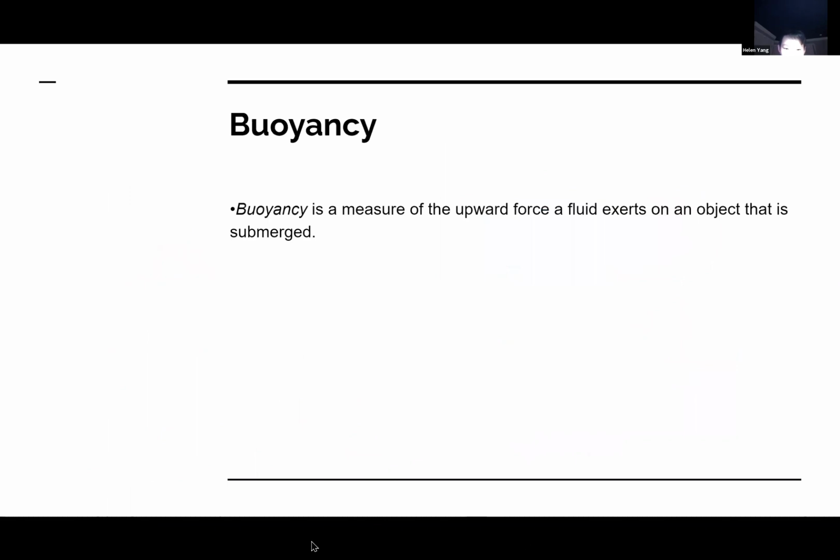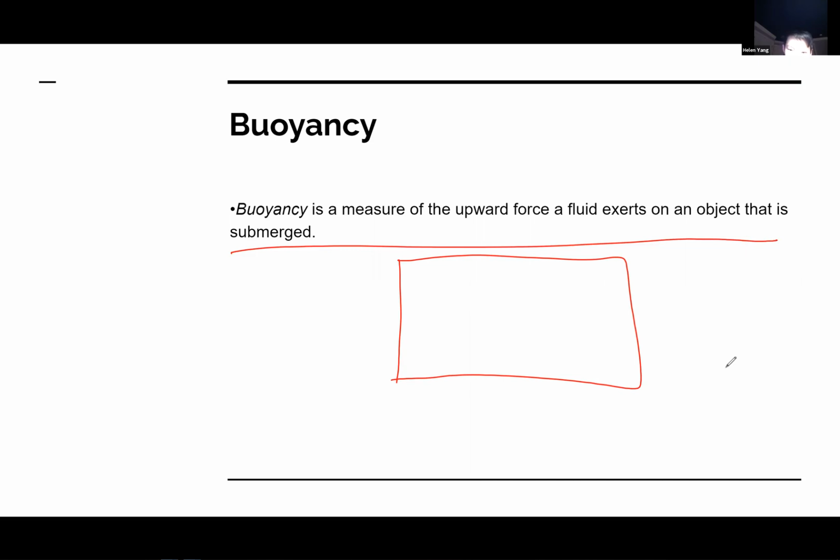Okay, so buoyancy is the measure of the upward force a fluid exerts on an object that is submerged. So, for example, if a box is underwater, then the buoyancy force is what keeps it afloat, because it's acting against the weight, which is mg.